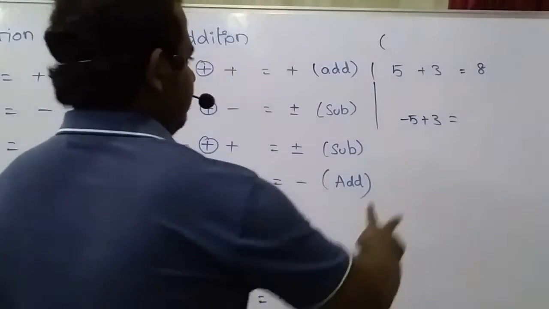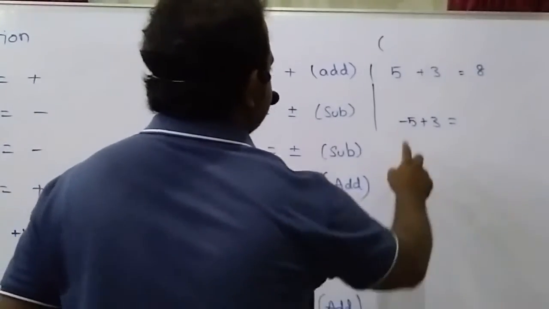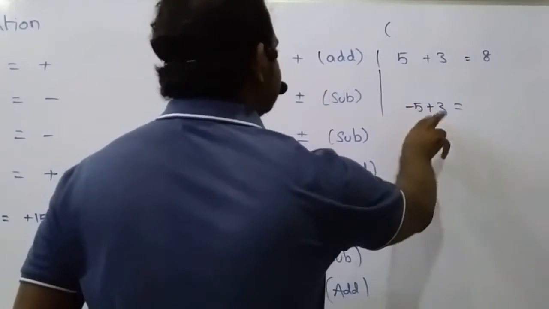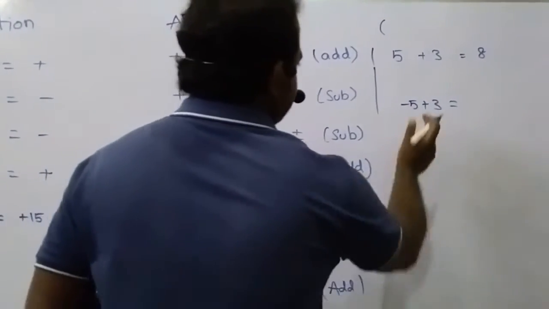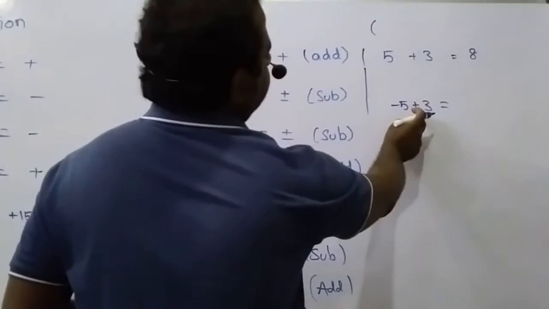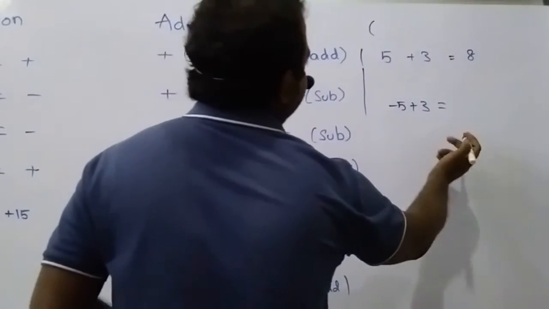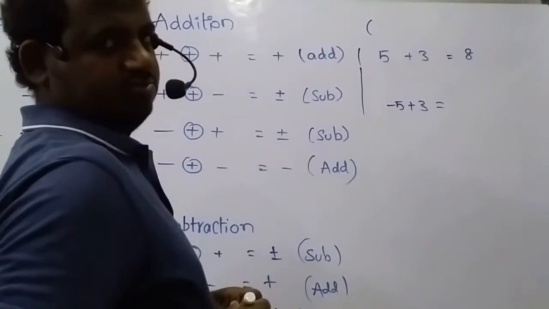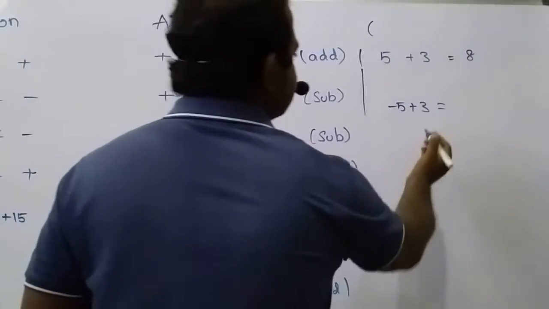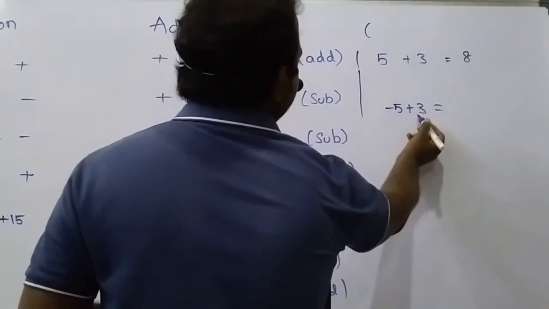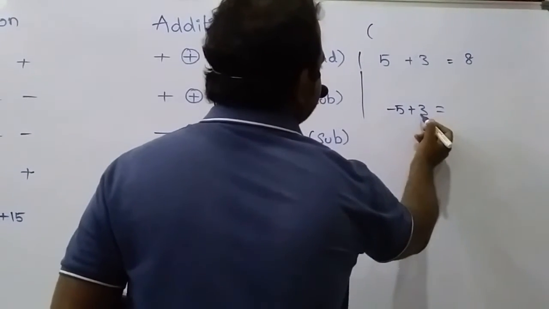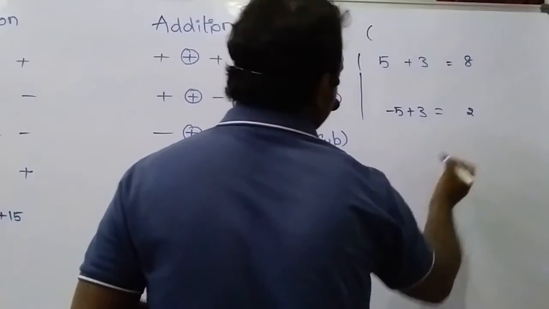If one is positive and one is negative, meaning the two signs are different, first perform the subtraction operation on the numbers. That means subtract the smaller number, 3, from the larger number, 5. If I subtract 3 from 5, I get 2.